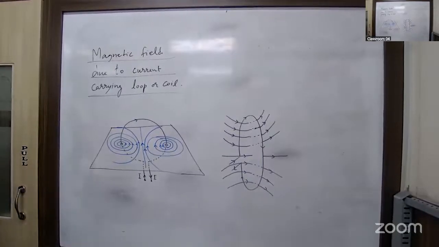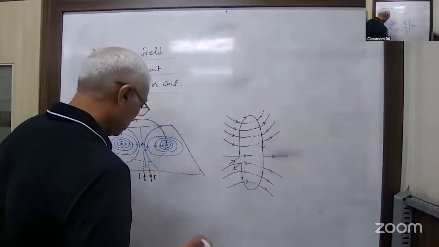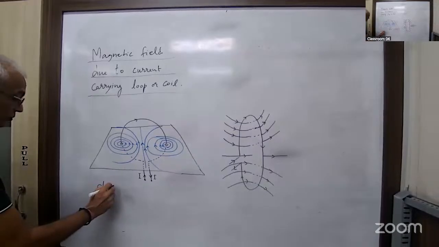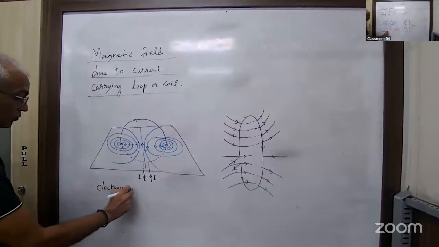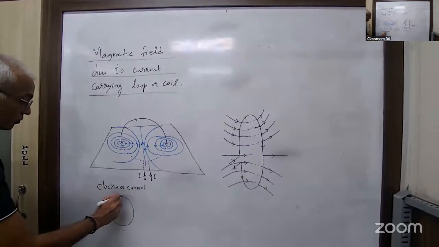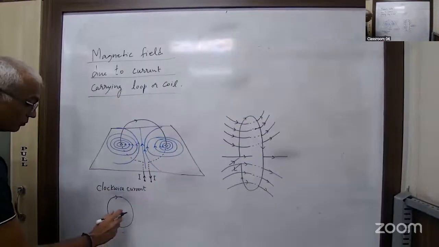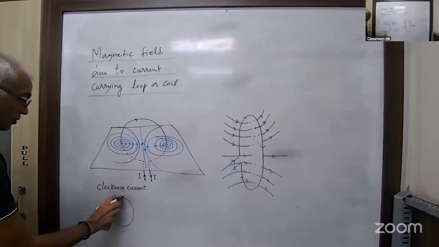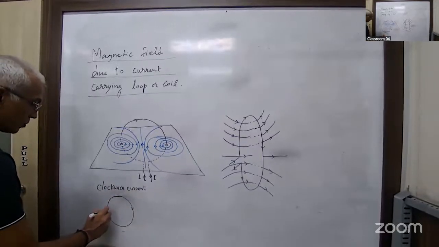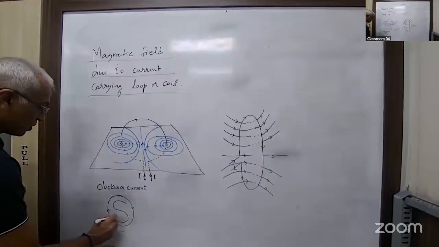So what is the conclusion? The conclusion is this side will act as a clockwise current. When the current is clockwise, it will develop a south pole.